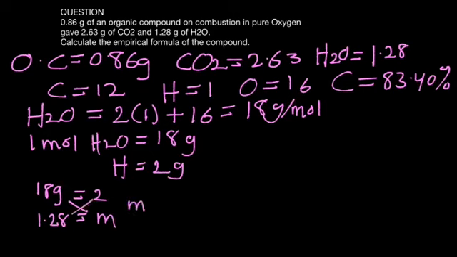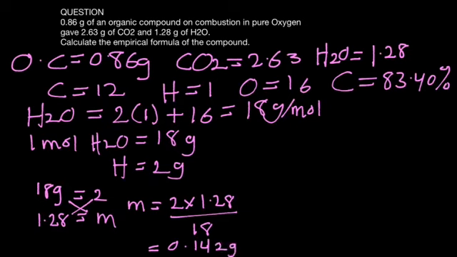Our M, which is the mass of hydrogen, will now be 2 times 1.28 divided by 18 grams. So let's go ahead and punch that. When we punch that, we'll get 0.142 grams of hydrogen.